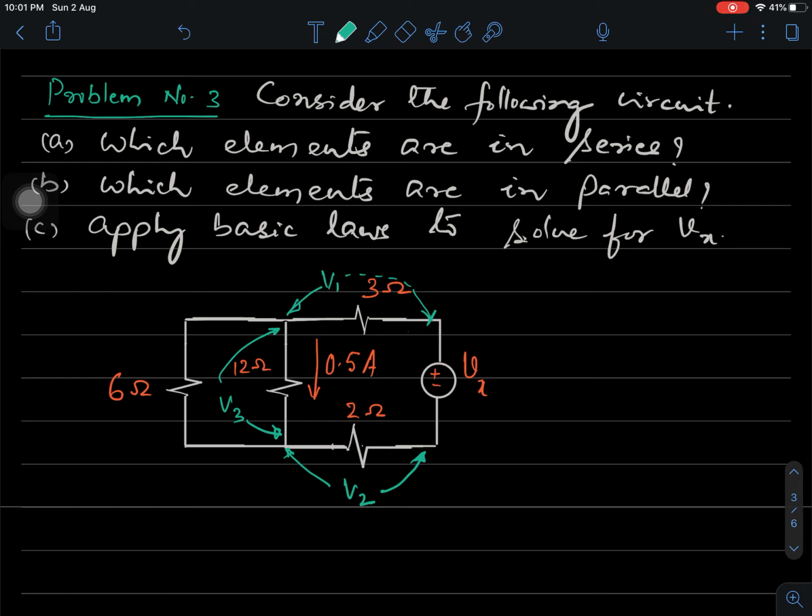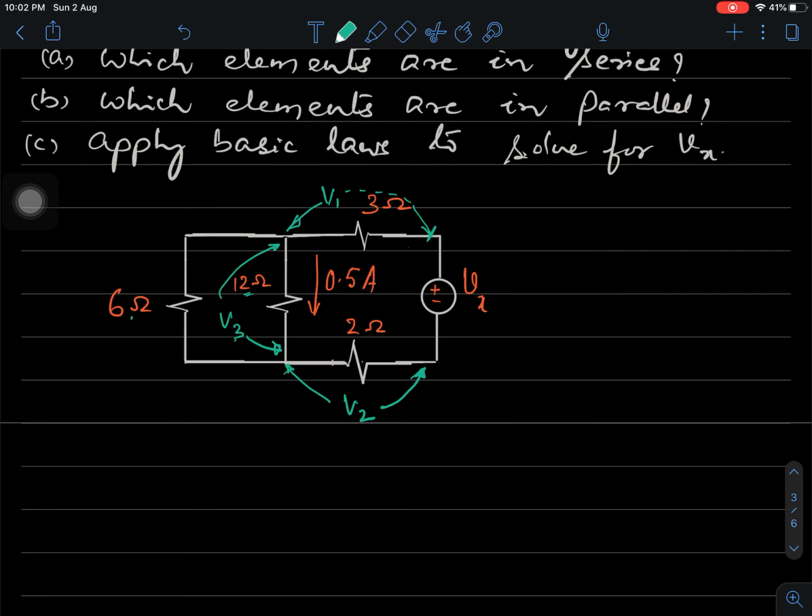So how do we determine these voltages? Across 12 ohms, V3 is appearing, which is the same as the potential difference across 6 ohms. To find the potential difference, we need to know the current and the resistance. So it is very easy.